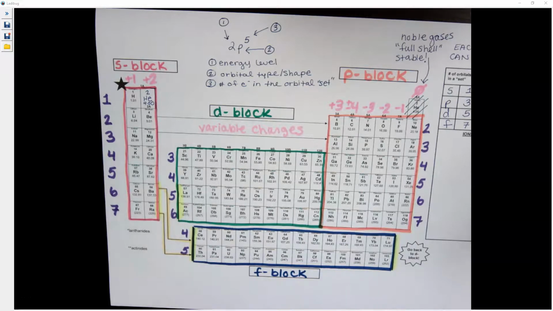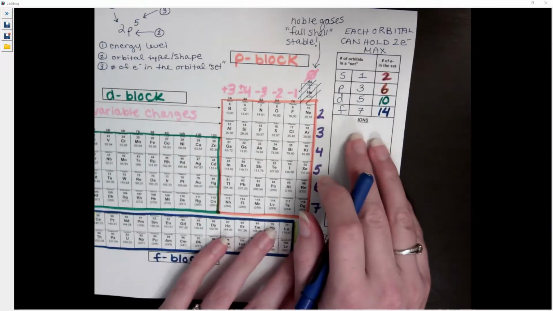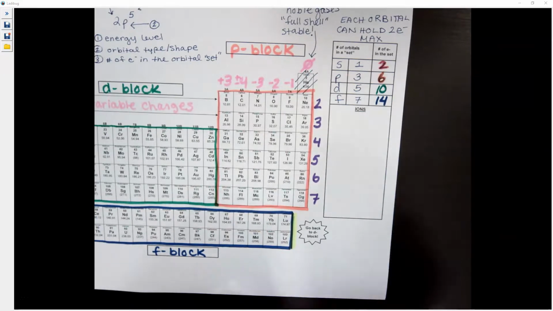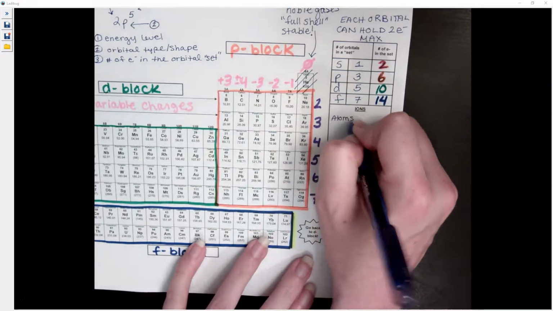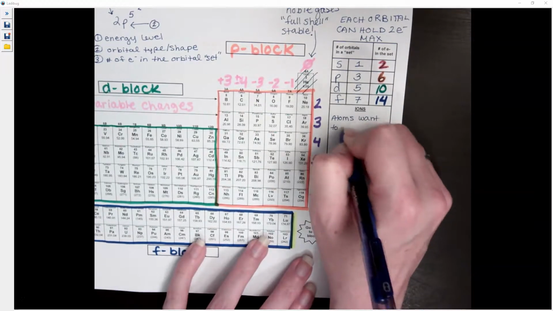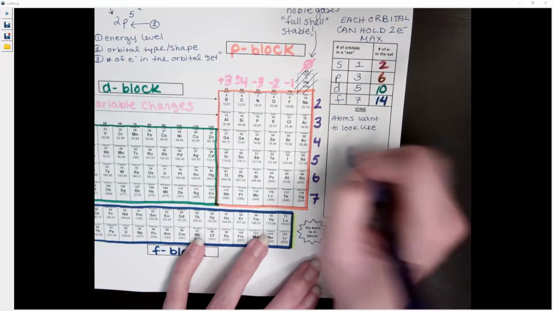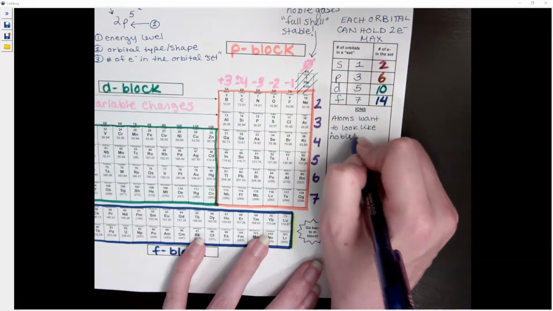Okay? Let's jot down just a little reminder about our ions. So the ions, remember, atoms want to look like noble gases.